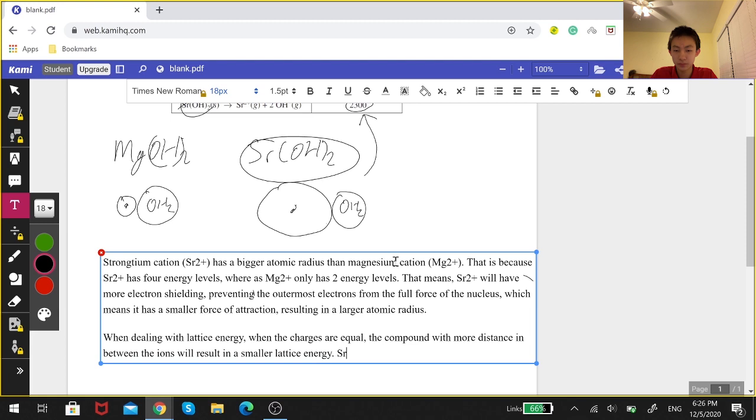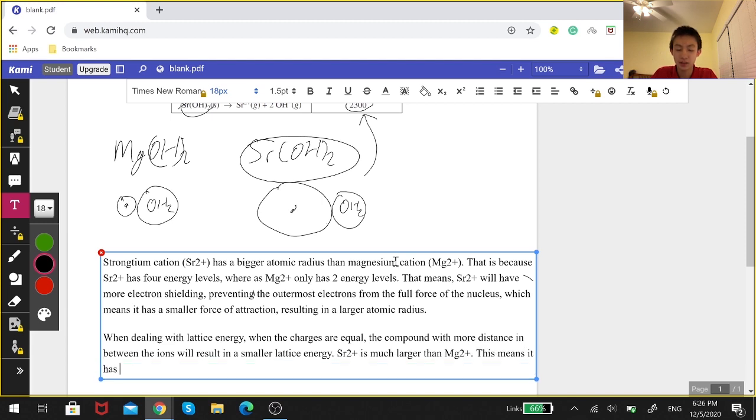Sr2+ is much larger than Mg2+. This means it has a smaller lattice energy.